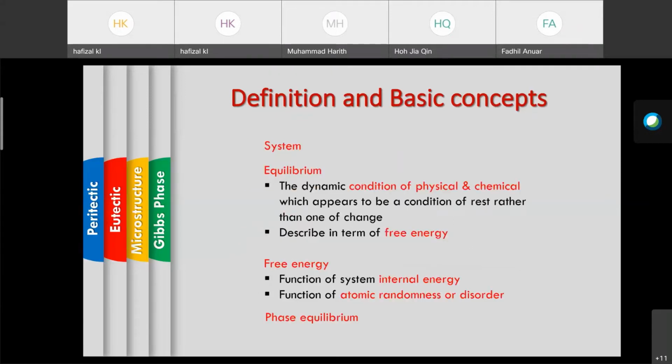After this, we will see in the phase diagram the composition on the x-axis. We have temperature versus composition, whereby the composition on the x-axis varies according to the increasing of foreign element.